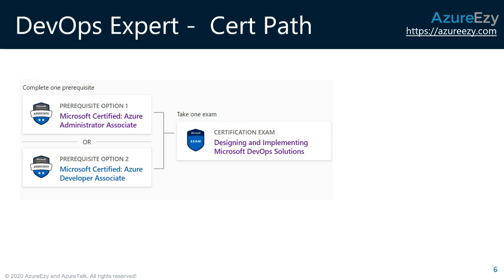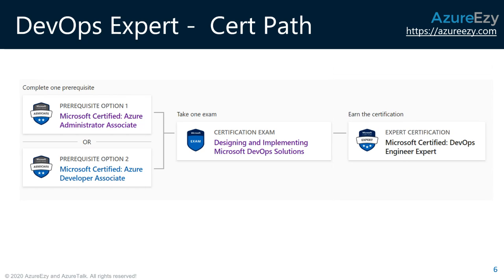Either you should be a certified administrator, that is the first exam AZ-104, or you should have the Developer Associate certification, which is AZ-204. If you combine any one of them with the AZ-400, then you get the certification badge, which is Microsoft Certified DevOps Engineer.